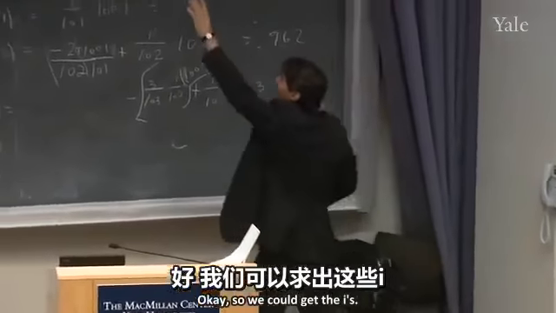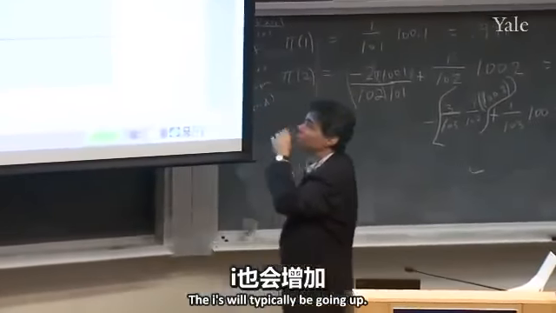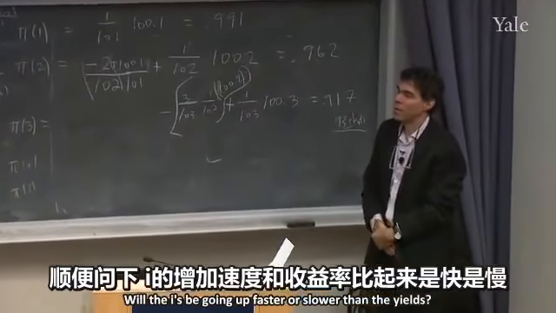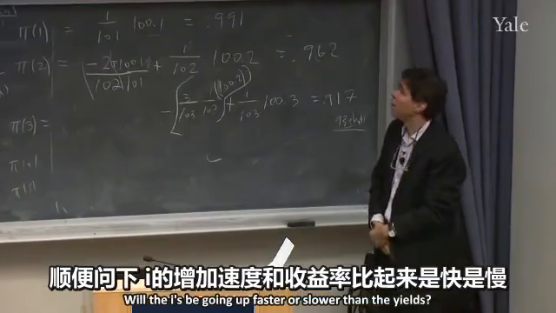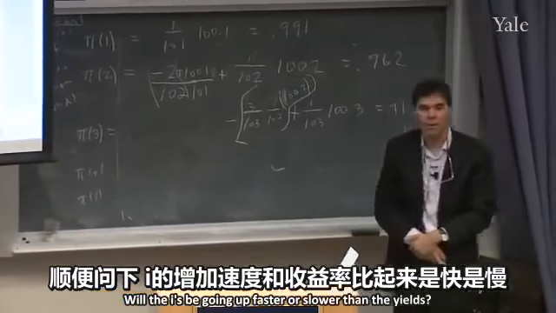Okay, so we could get the i's. Now, the i's will typically be going up. Suppose the yield curve is going up, by the way. Will the i's be going up faster or slower than the yields?